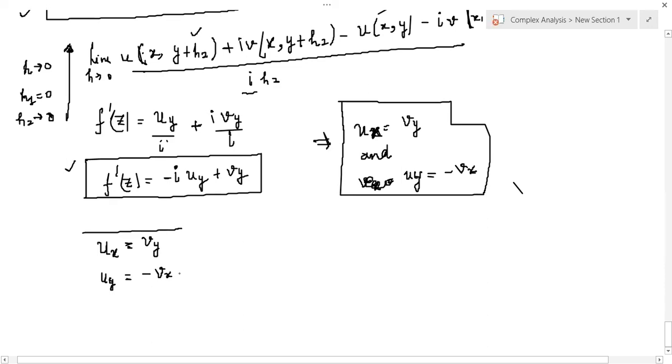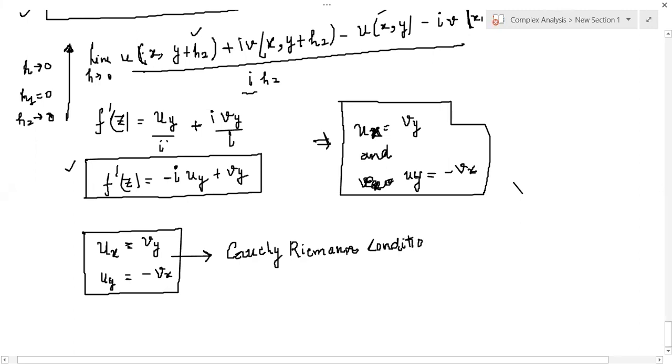These are called the Cauchy Riemann conditions.